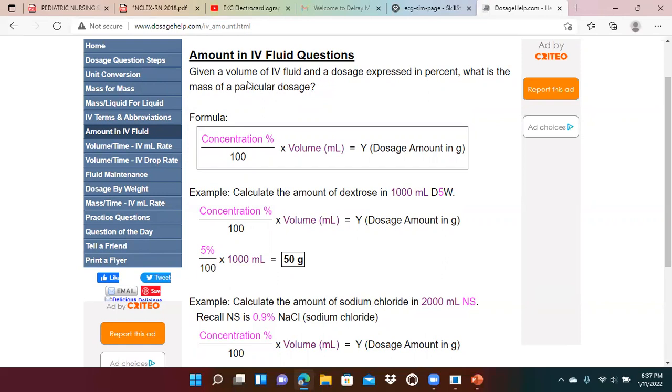Let me recap it. This is the formula we use, amount of IV fluid.